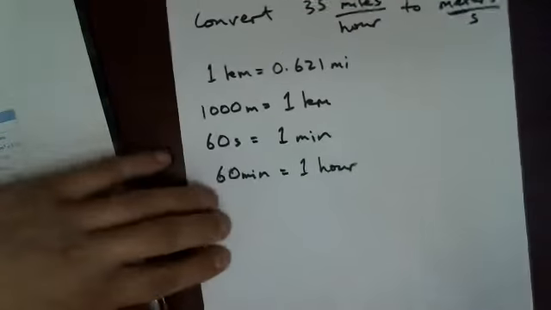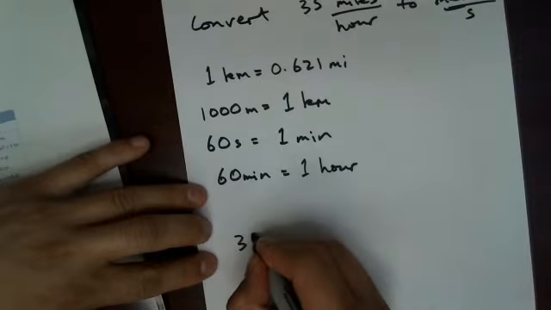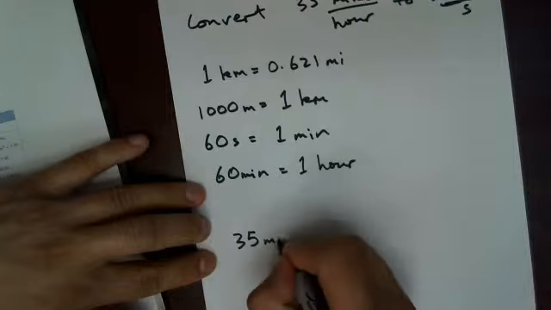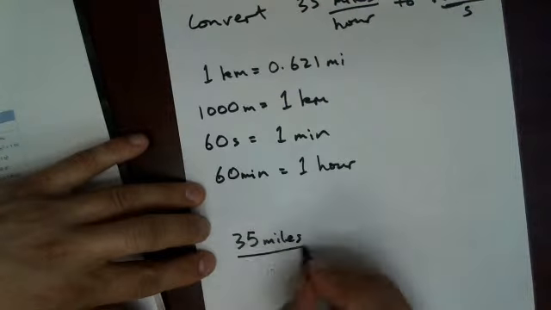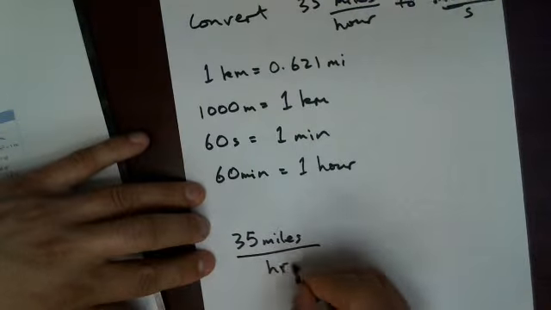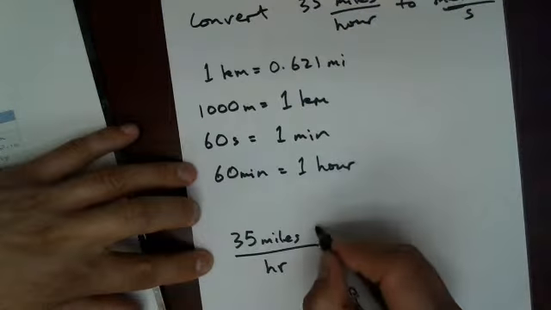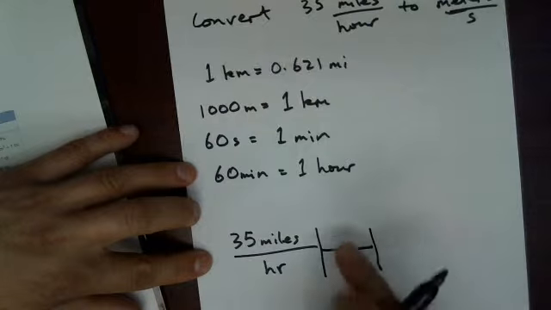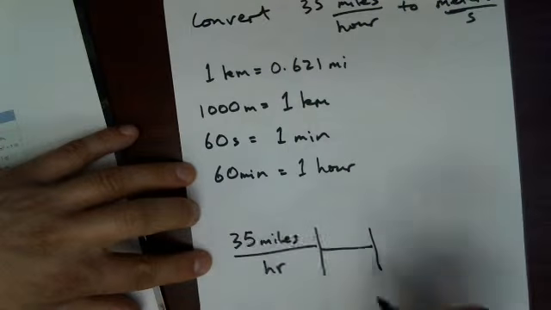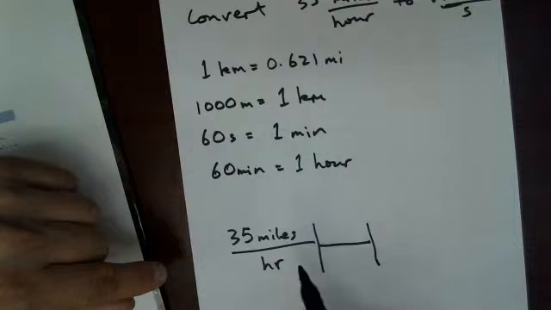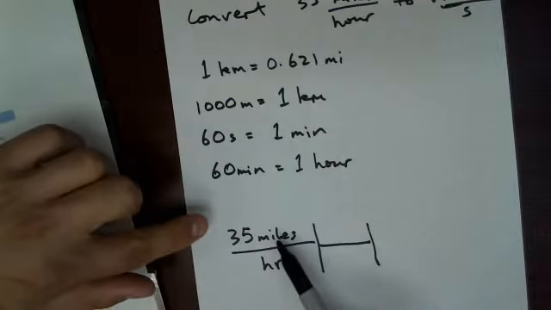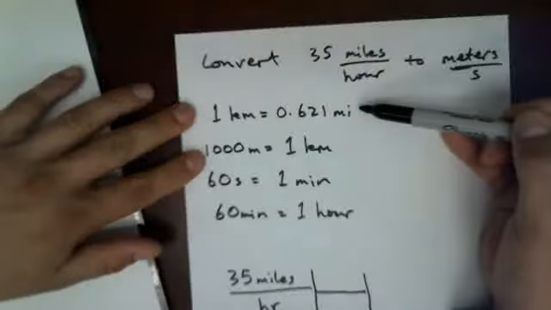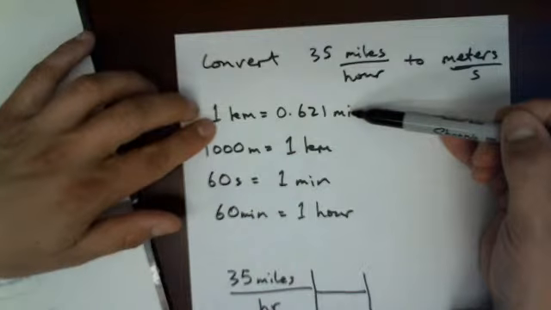This is how we start off. I have 35 miles per hour. Then I draw a box for the first conversion. This is just a fraction. I want to use a conversion factor that's going to get rid of the miles, and up here I see that we can convert miles and kilometers together.